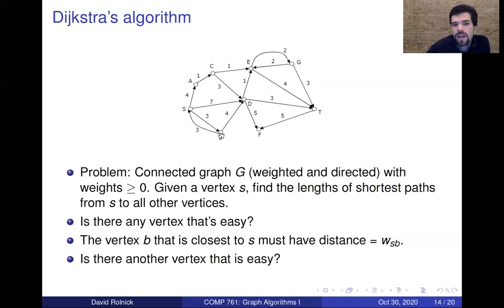There could be a shortcut from B to D. Is there anything we can do? The longest edge away from S doesn't work either. In this case, 7 is again the longest edge, and there might be a shortcut.